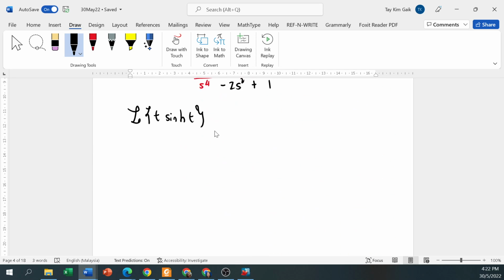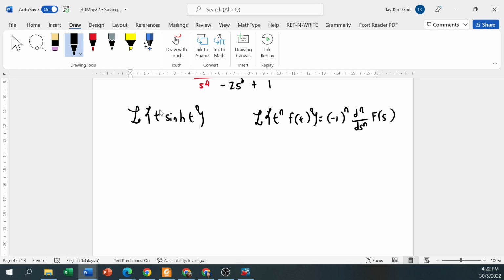Okay, now we can use the multiplying by t^n property, which states that the Laplace transform for t^n f(t) is negative 1 power n, d^n over ds^n of F(s). F(s) is actually the Laplace transform for f(t).